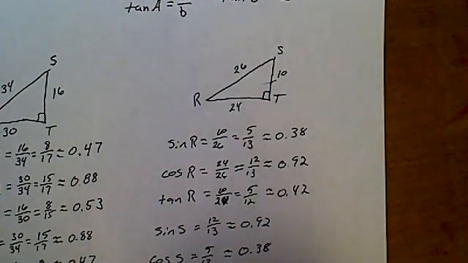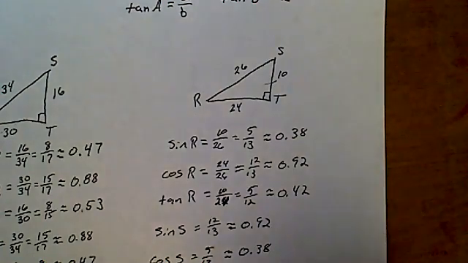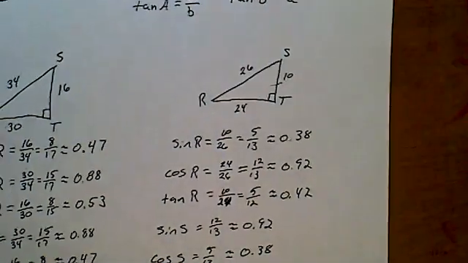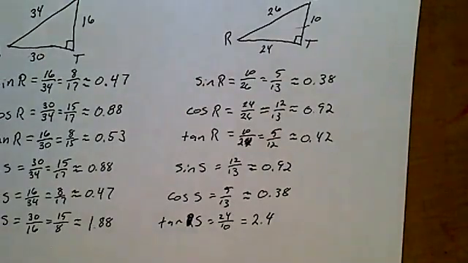And you have the tangent of S. The tangent of S is 24 over 10, which is exactly 2.4. Oops, did we get it off the page there? Sorry about that, I ran off the page.